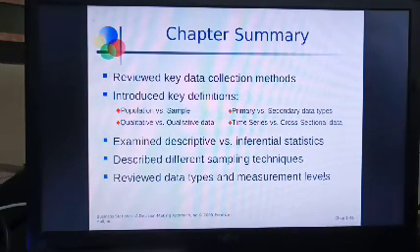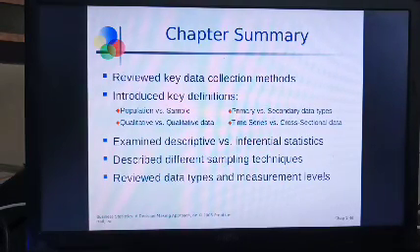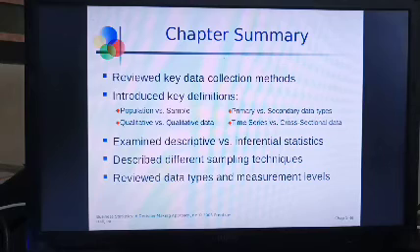We are almost done for the chapter. This is now the chapter summary. Class, we have reviewed key data collection methods, and we have discussed key definitions.